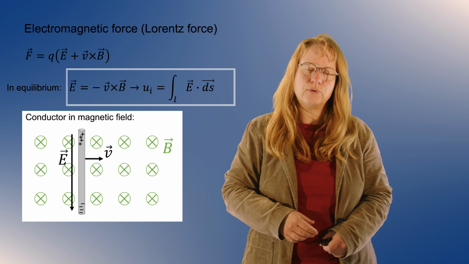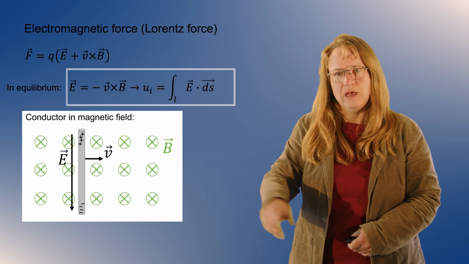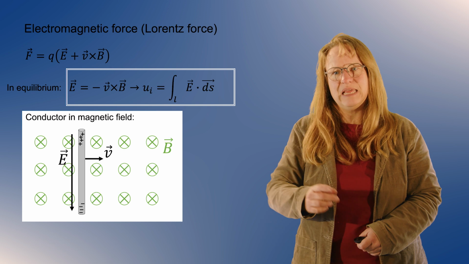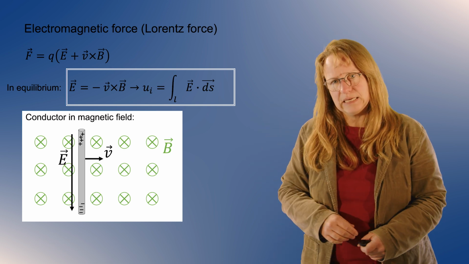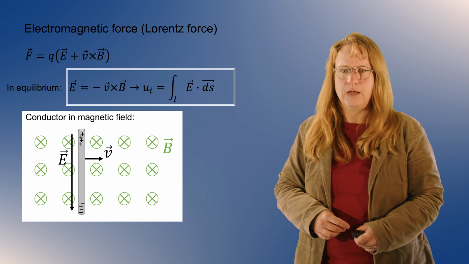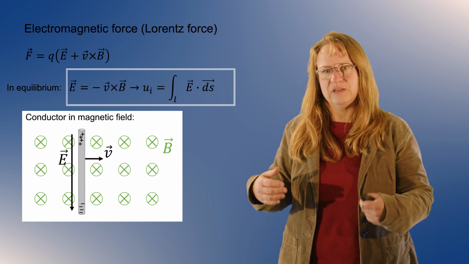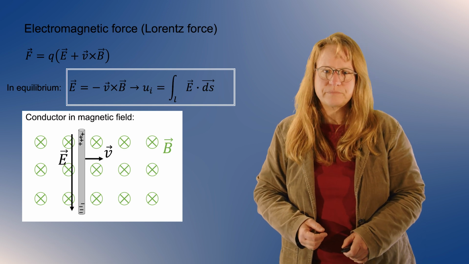And that means we can also use the Lorentz force to explain that if we have a wire loop spinning in a magnetic field, we will get an induced voltage. And this voltage then is used for getting electricity out of our generator.